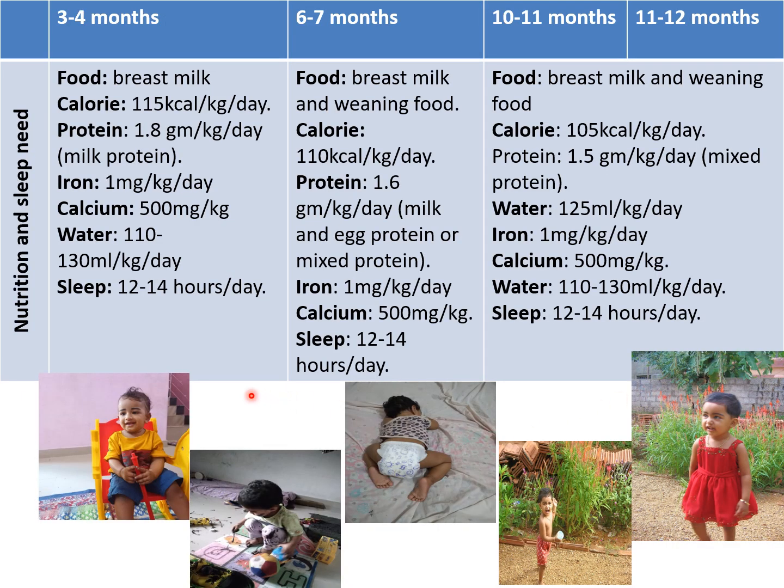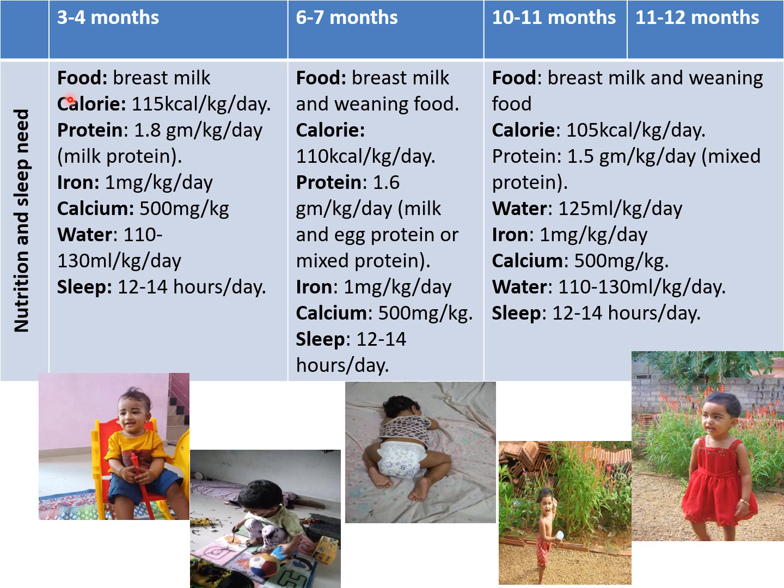Nutrition and sleep need. Another important point you need to educate the parents about is the nutrition and sleep of the child. The food in the initial period up to 6 months is breast milk, and after that you will start weaning food according to the culture.